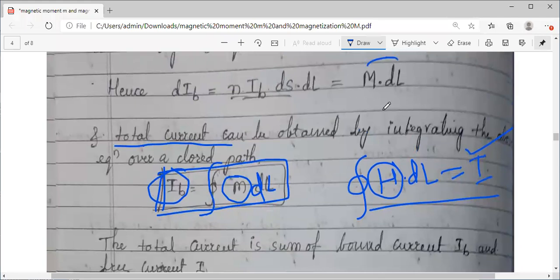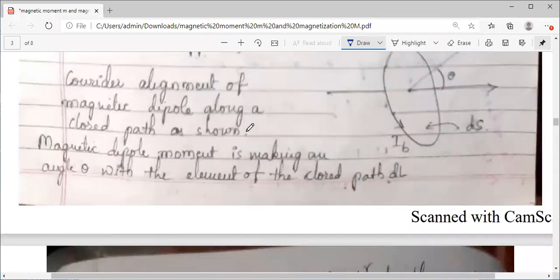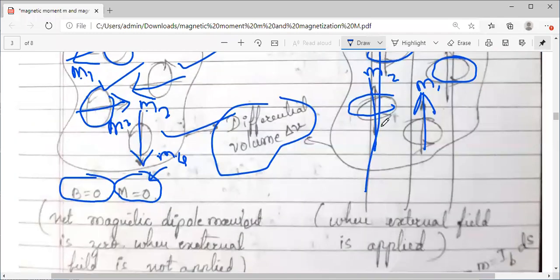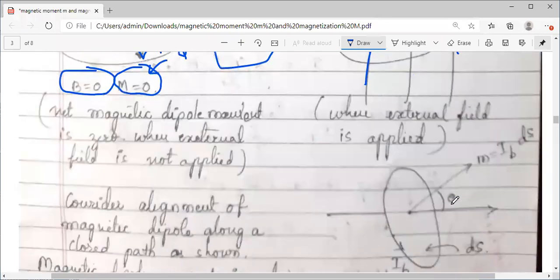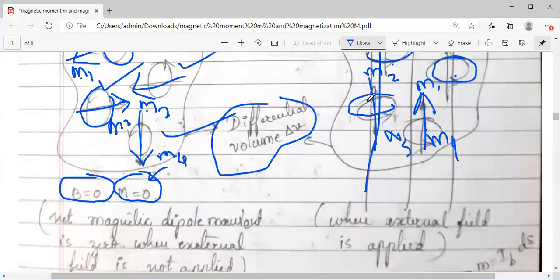How this m dot dl has come, I'll briefly tell you. You can see in the above figure there are 4 dipole moments, m1, m2, say m3. Out of which I have considered any one. See here, one dipole moment I have considered, but observe, it is not completely horizontal or vertical.